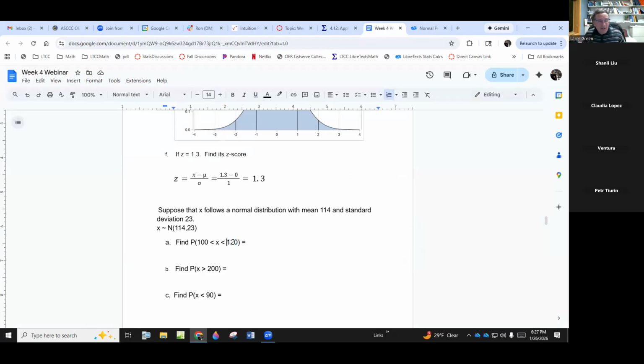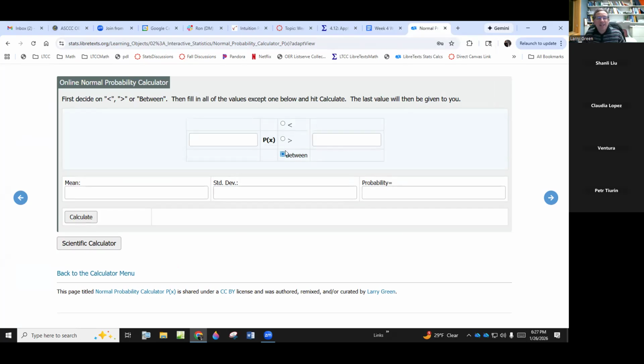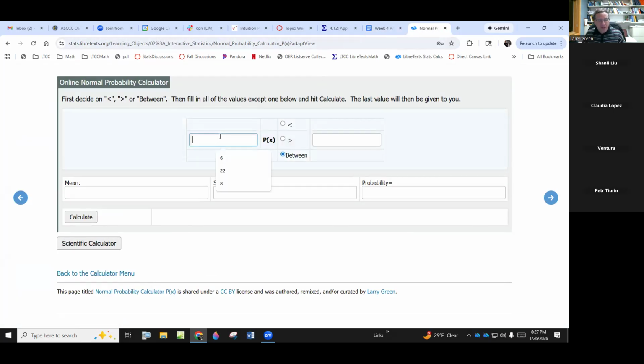Okay, x is less than 120 and it's greater than 100. If it's both less than and greater than, what is it? Between. And now a new area comes out, and it's between 100 and 120. So I go 100 and 120.